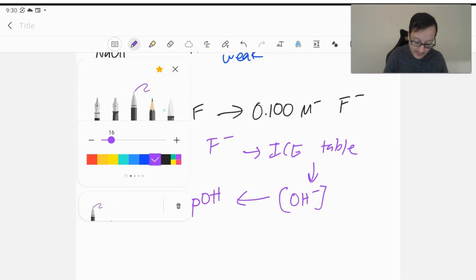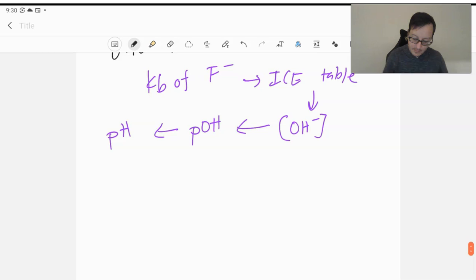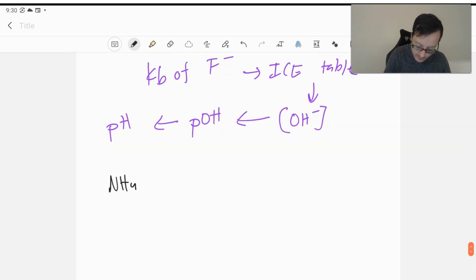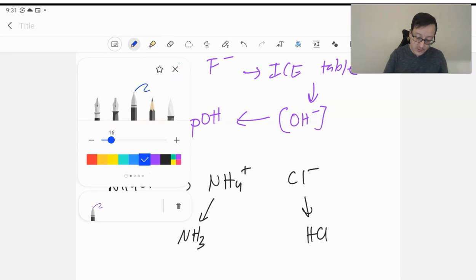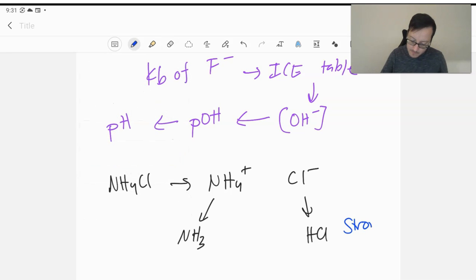We can, by the way, see this with acids. For example, ammonium chloride. We know that this is ammonium and chloride. The conjugate of ammonium would be ammonia, and the conjugate of chloride is HCl. We know that HCl is strong, so we don't care about the chloride. Chloride's a very weak base, negligibly so.